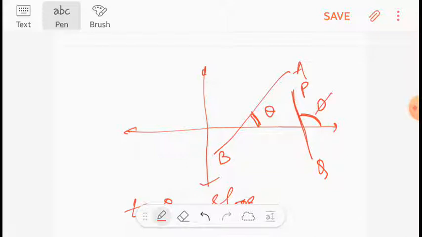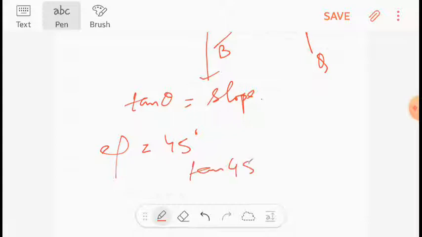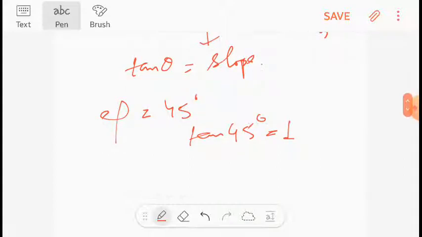I consider it as phi. If the value of phi is 45 degrees, anything it can be, then tan 45, that is 1, is the slope of the line.